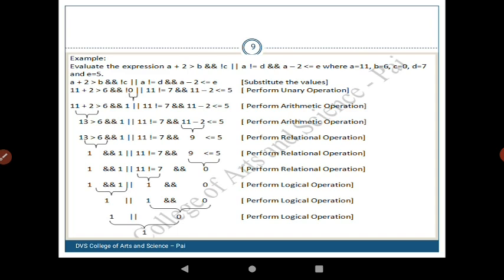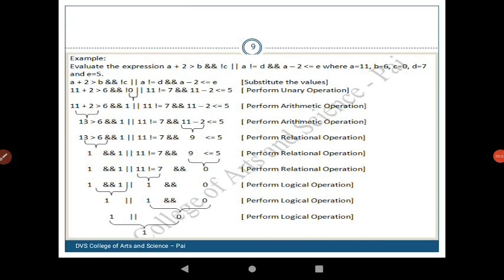Now we are having only one arithmetic expression left in the example, that is 11 minus 2. The result will be 9, as you can observe. Now we will be having 13 greater than 6, logical and 1, logical or 11 not equal to 7, logical and 9 less than or equal to 5.